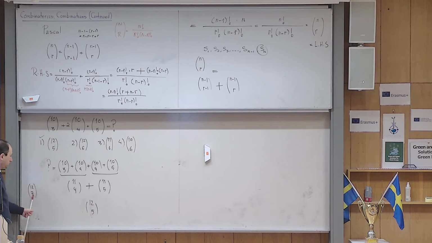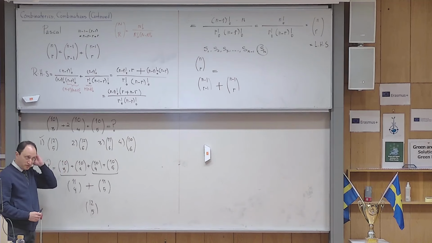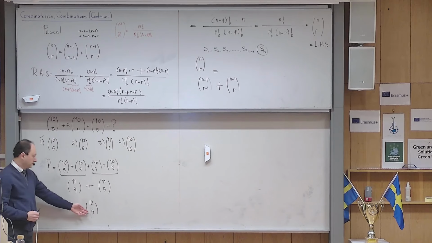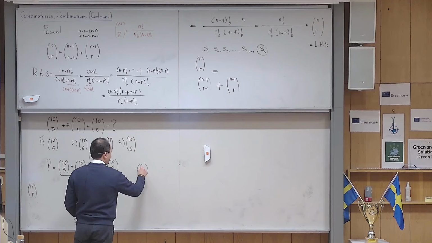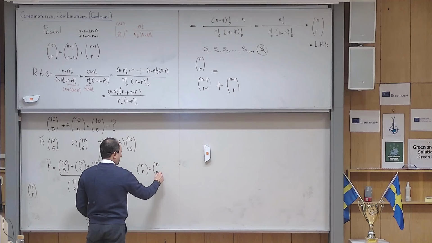Do you agree that these two are the same? This is also very important to remember, yes? Here, I want to choose 5 people from 12 people, take them with me to the cinema. This is the natural way humans do it. They read the list of the people who are taking, but I can also read the list of the people I don't want to take with me. So you remember, this is a very important rule. We have discussed about this before. So this is equal to n minus r.